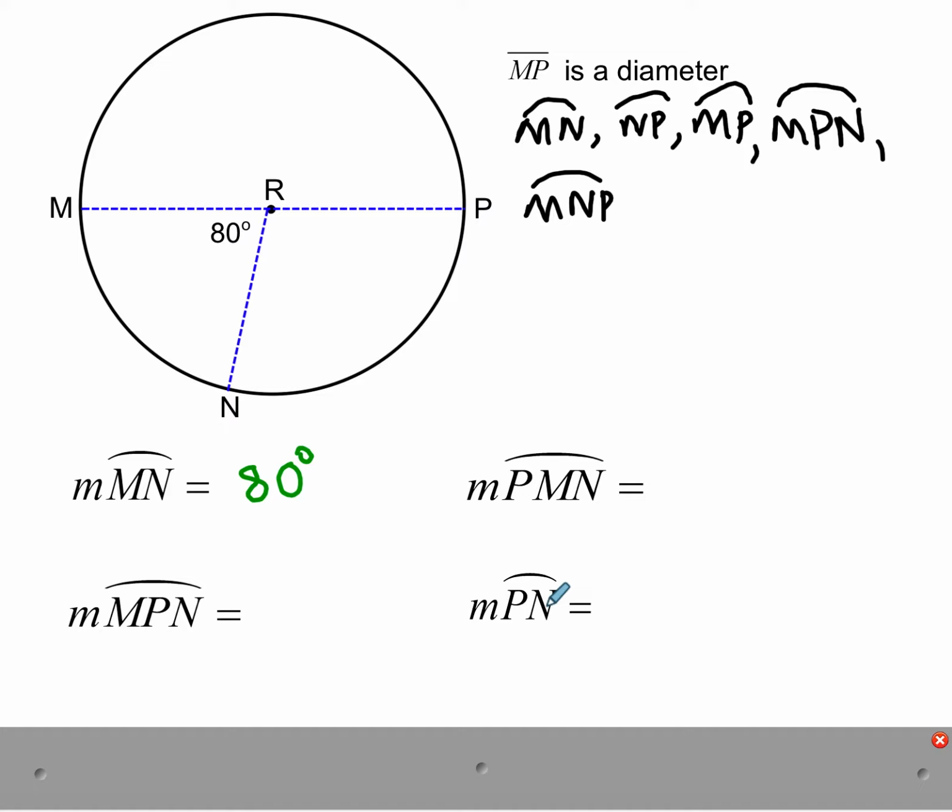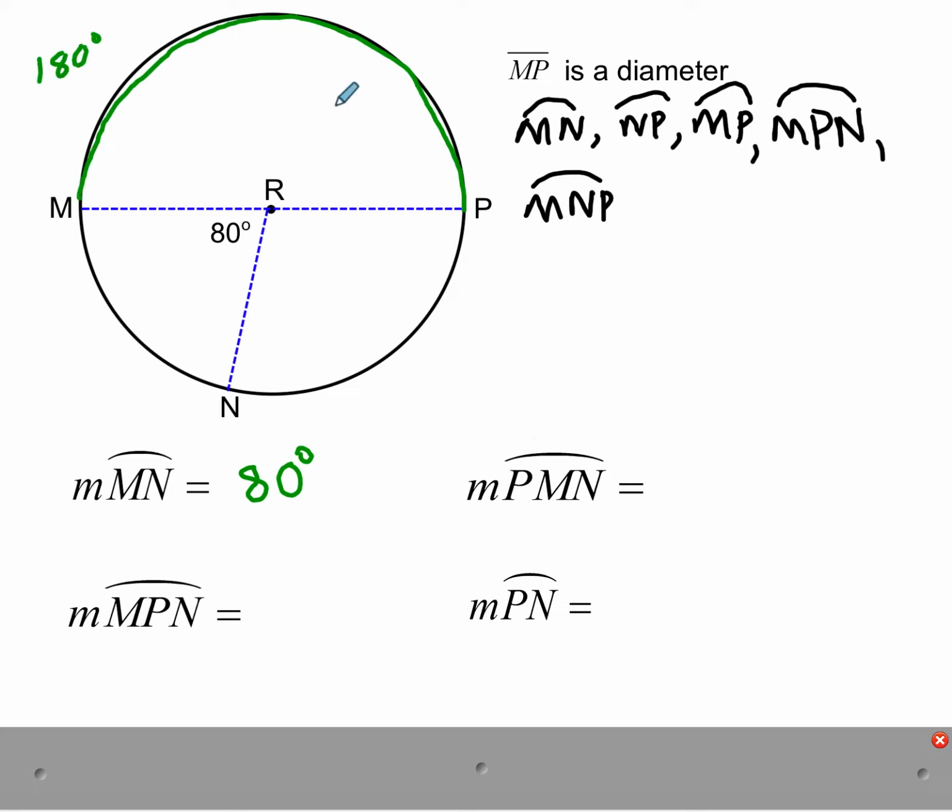Okay, so hopefully you have an answer to each of these questions. Let's just keep going here. The measure of arc PMN. So we're going from P to M to N. Well, if we know that MP is the diameter, then we know the measure of this arc right here is exactly 180 degrees.